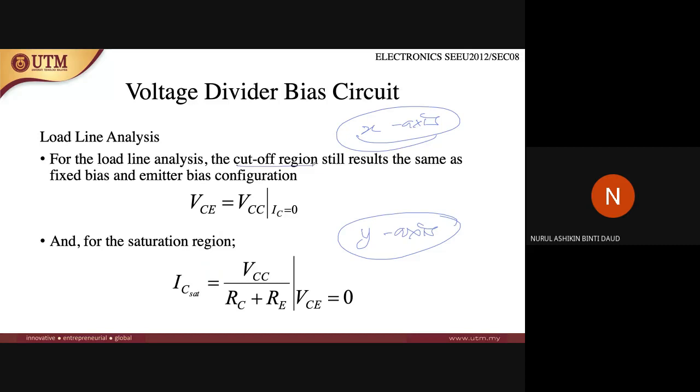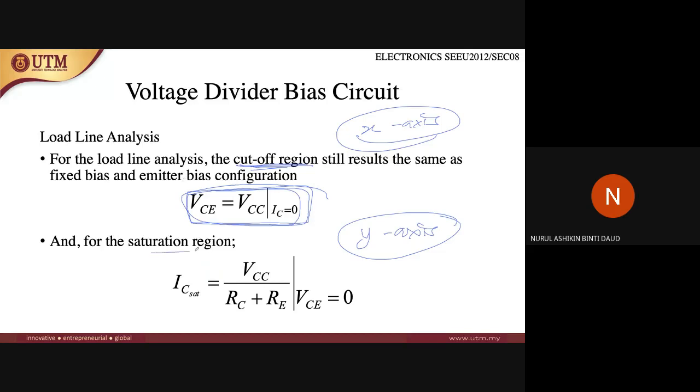In cut-off, VCE is equal to VCC, which has no changes from the emitter stabilized circuit.